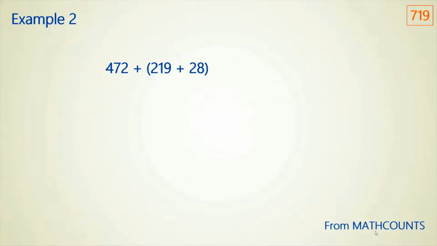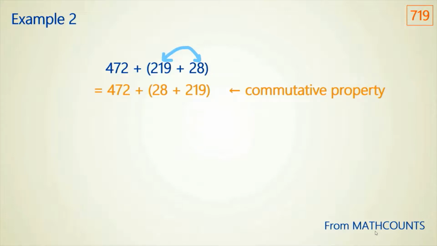Now let's try to solve it in a different way, applying the two properties. First, we use commutative properties to switch the order of 219 and 28 inside the parentheses. So this becomes 472 plus parentheses 28 plus 219.